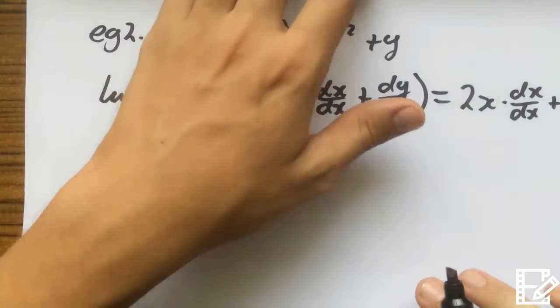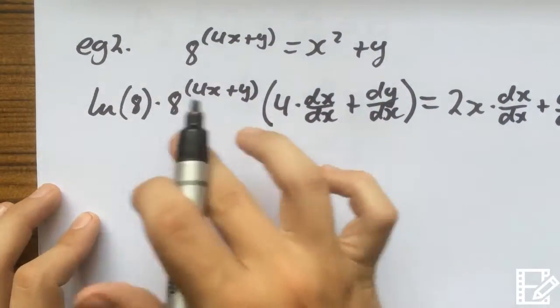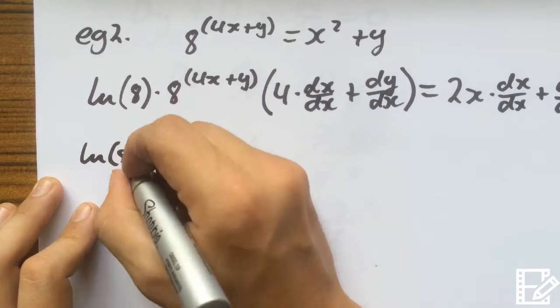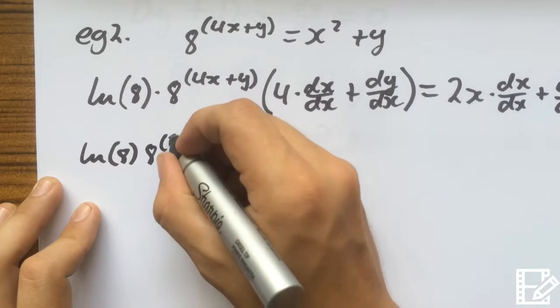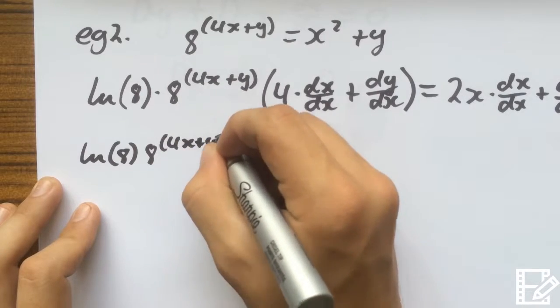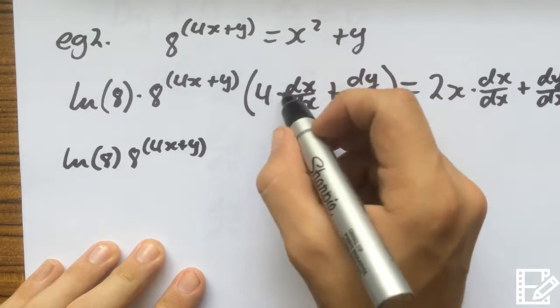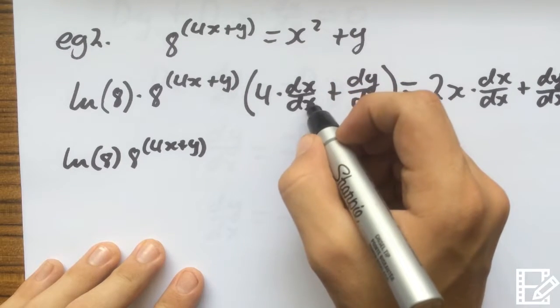We're just going to expand it out. So it's going to be ln of 8 to the power of 4x plus y multiplied by 4, because dx over dx is 1.